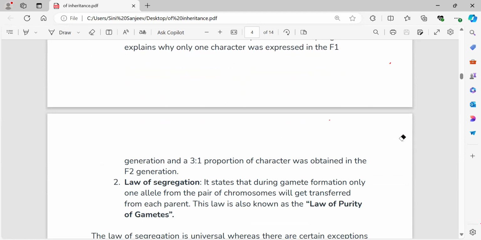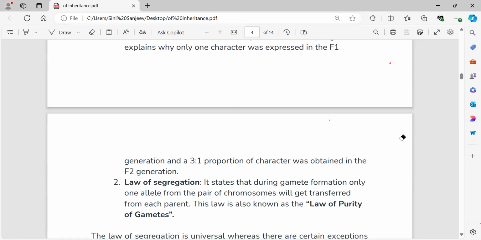Now law of segregation means what? Okay. So whenever a gamete is being formed, only one allele. Now what is an allele? Allele is a character present in that particular gene. So only one allele from the pair of chromosomes will get transferred from each parent. Okay, so that is called the law of segregation.